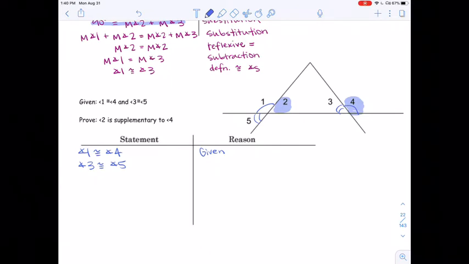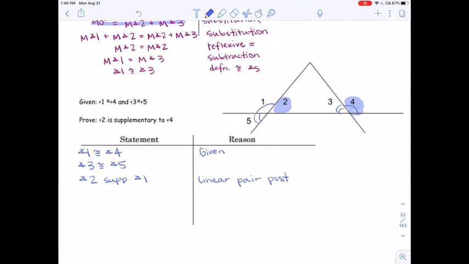Let's list 2 and 1 as supplementary. Angle 2 is supplementary to angle 1 because they form a linear pair. So our linear pair postulate. And what do we know about 3 and 4?